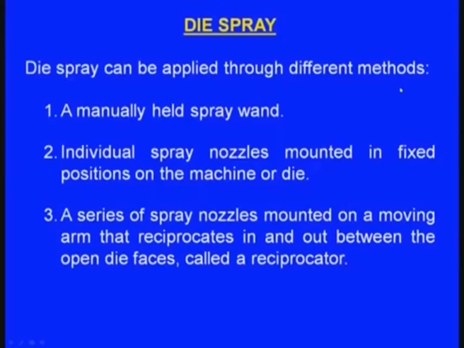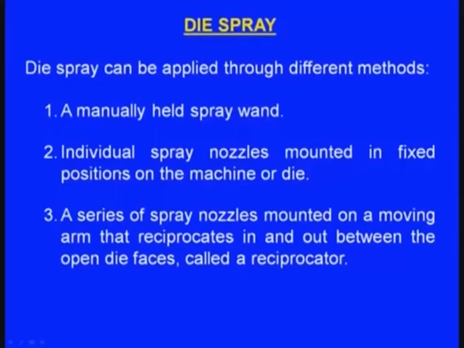Next one is the die spray. Die spray can be applied through different methods. A manually held spray. Next one, individual spray nozzles mounted in fixed positions on the machine or the die.